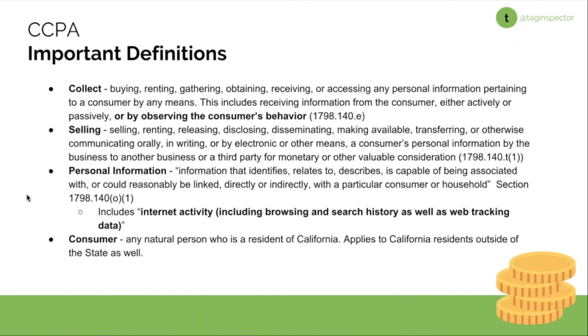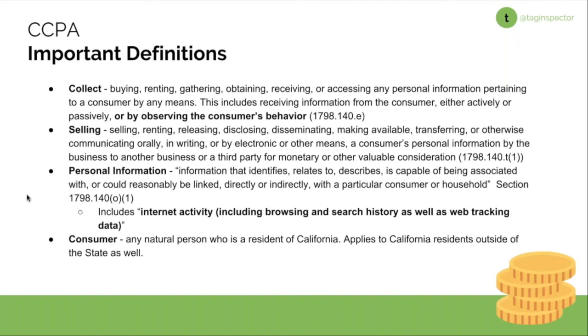Personal information under the CCPA, this is key: information that identifies, relates to, describes, is capable of being associated with, or could reasonably be linked directly or indirectly with a particular consumer or household. One thing that's explicitly noted in the law, this does include internet activity, including browsing, search history, as well as web tracking data.